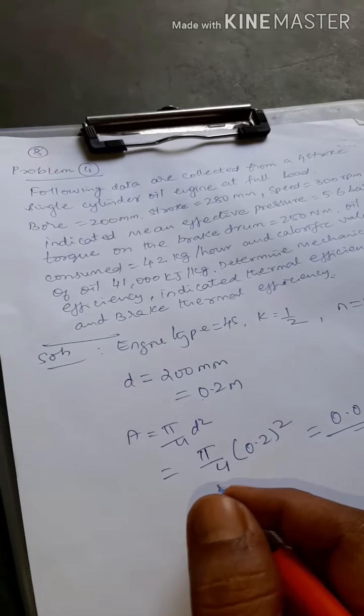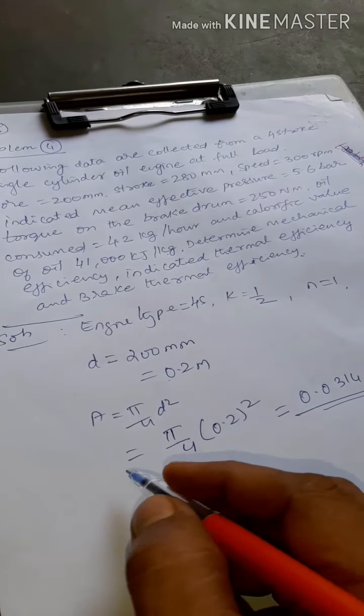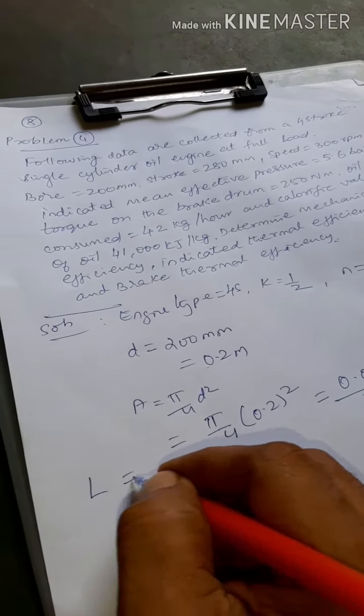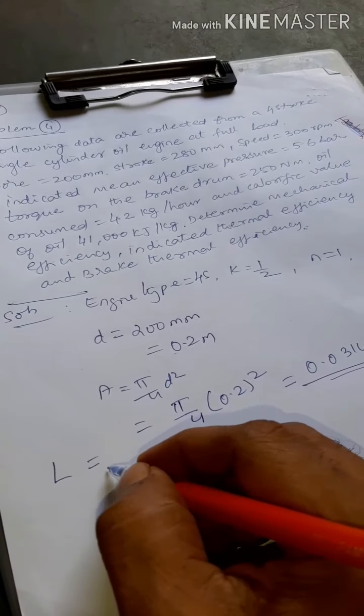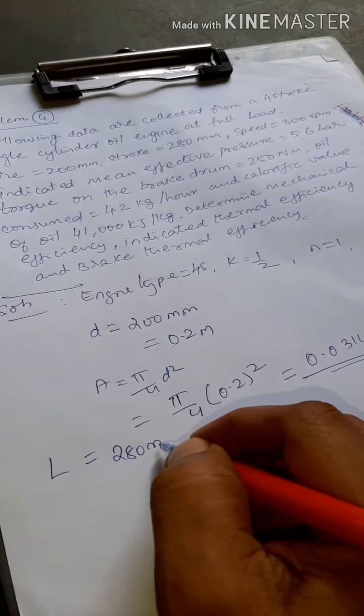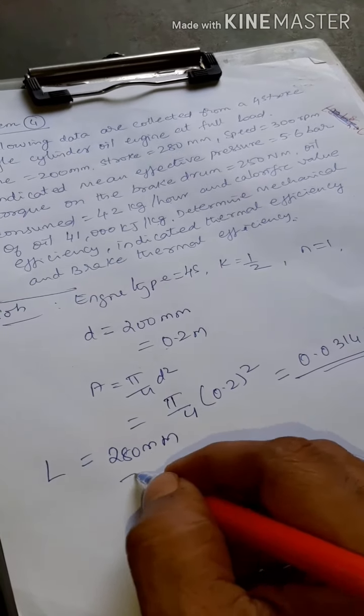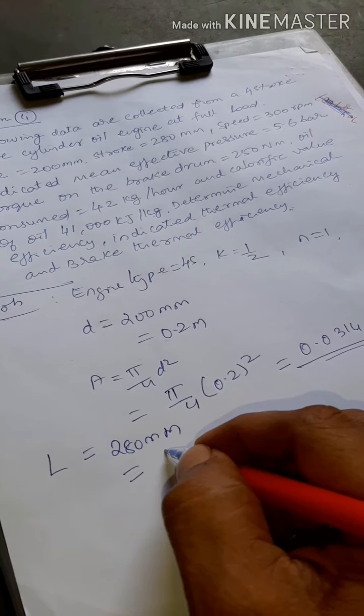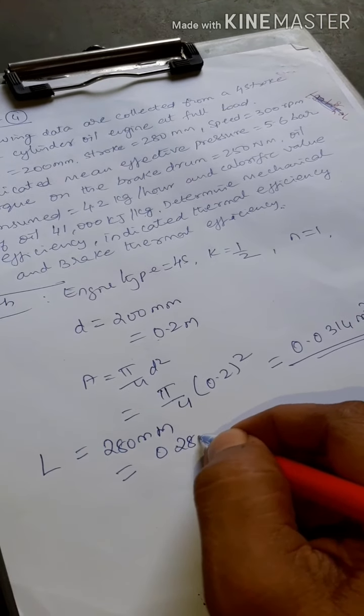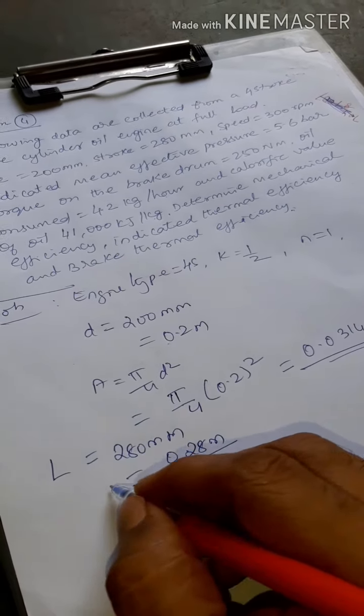Next, stroke length is given. Stroke length is equal to 280 millimeter, so therefore it is 0.28 meters. This is the stroke length.